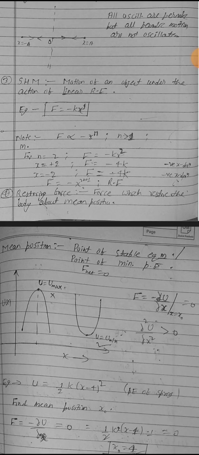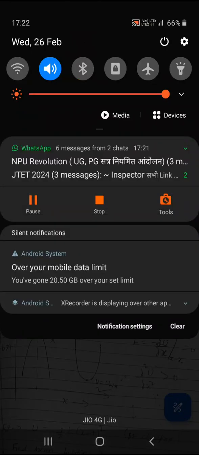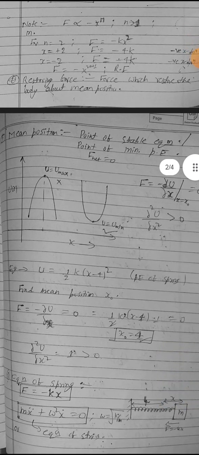So, at mean position, potential energy should be minimum. You can see the graph which I have drawn for potential energy versus position. Here in the first figure, you can see that potential energy is maximum.